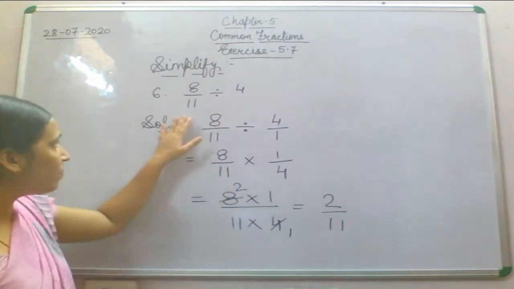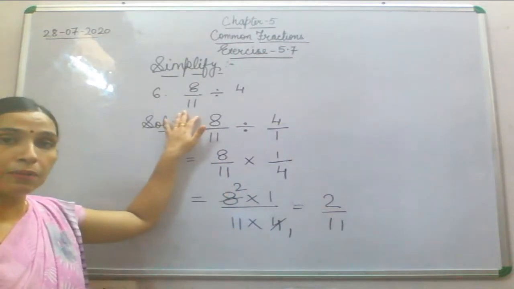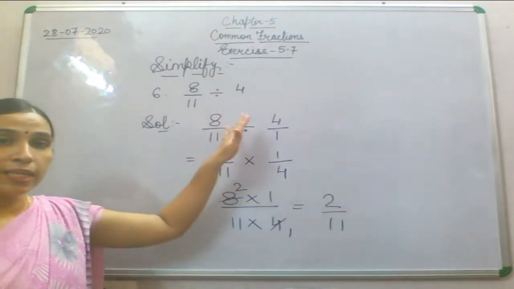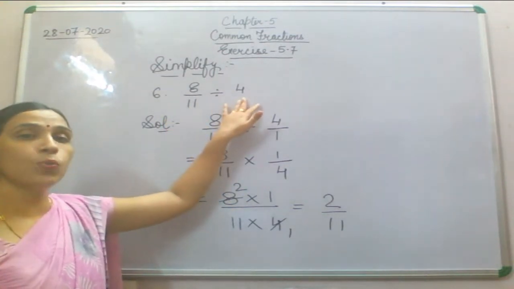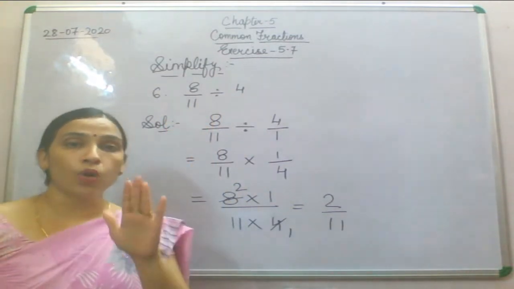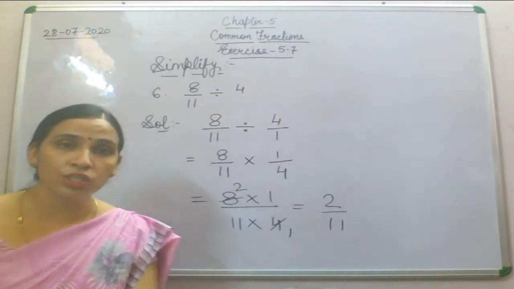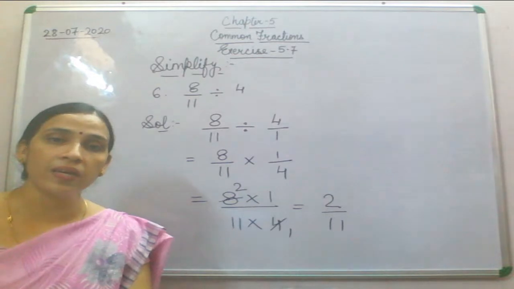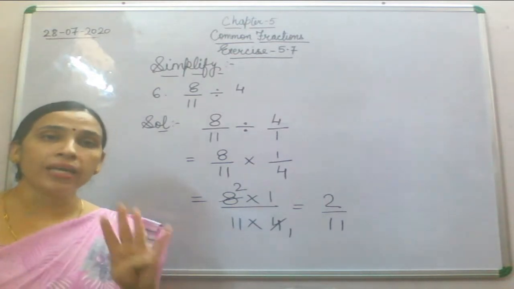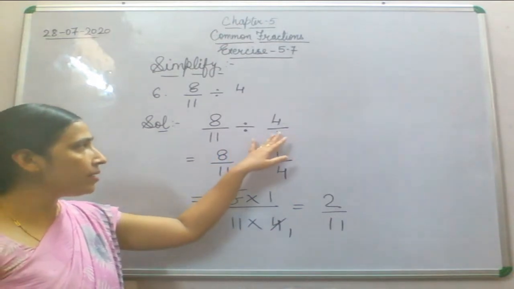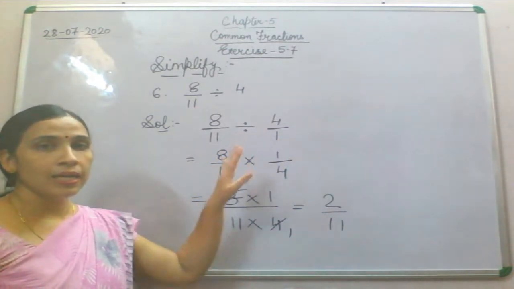Now here you have been given a fraction, 8/11, which is divided into 4 equal parts. You have to divide the given fraction, 8 by 11, into 4 equal parts. That's why you are dividing it by 4.